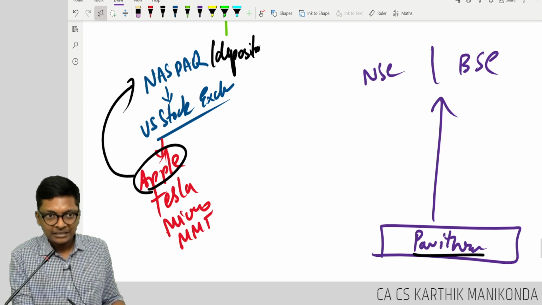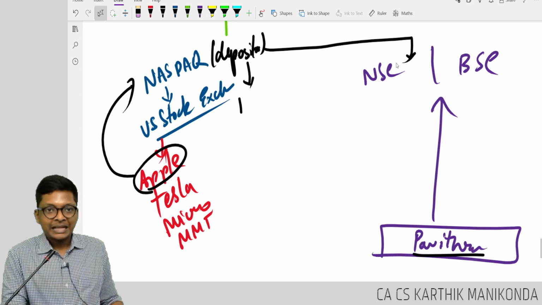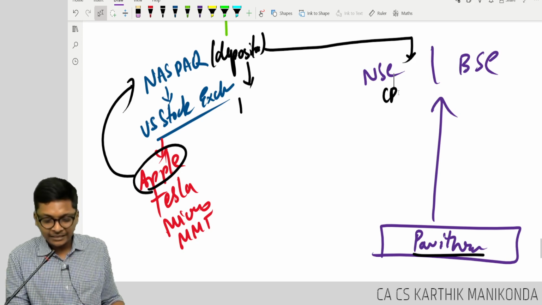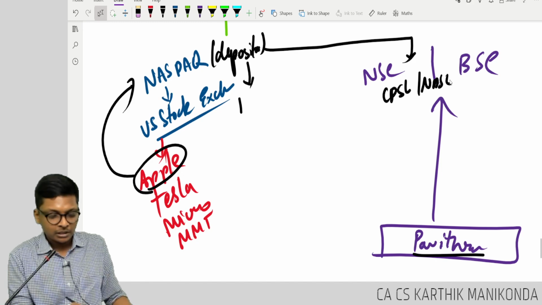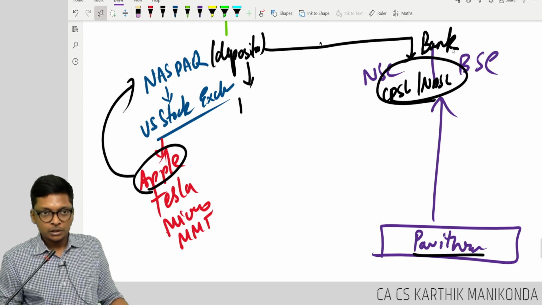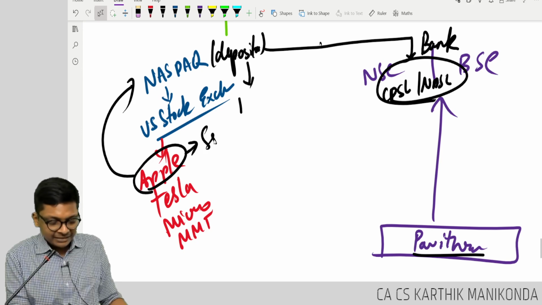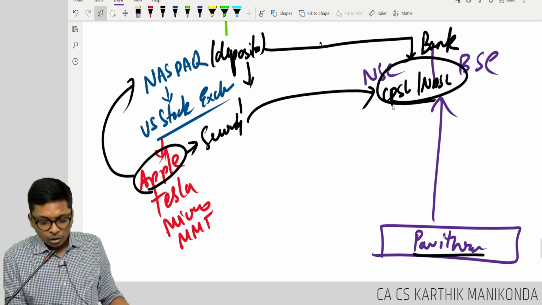It will be attached to this depository, which will give it to NSE, BSE. Here we have CDSL and NSDL. I am just giving you a brief, I am not getting into details, guys. We don't need the process. Through a custodian, there will be some banks who will give backing. So this is the main security. They will create another security called GDR.